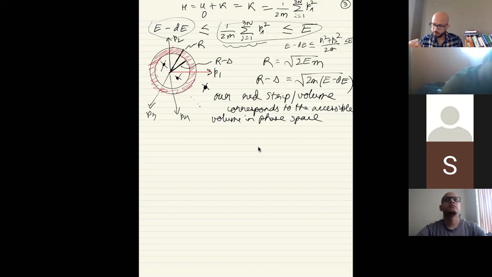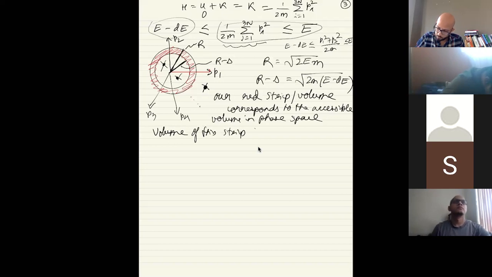So how do we then calculate the volume of this strip, the volume of this little thing? That's why I'm writing it as strip, because volume of volume would sound a bit strange, right? So in order to calculate it, we have to think about what is the volume of this strip.